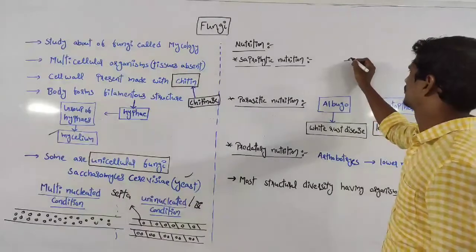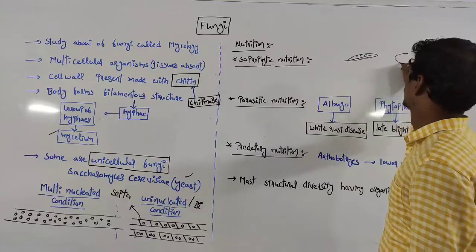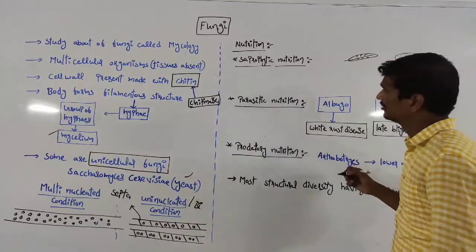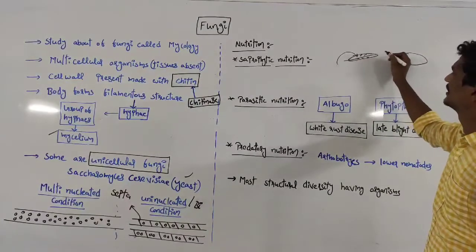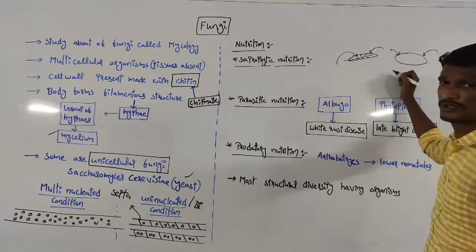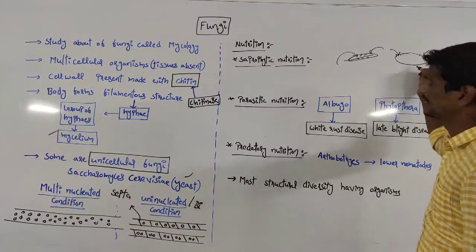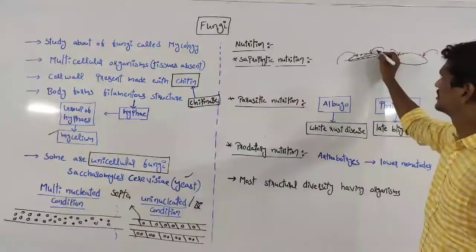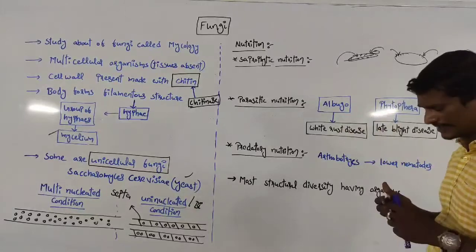Remember, this is a decaying part, maybe a leaf, or any dead organism. These fungi attack the decaying parts and release some enzymes. Once the enzymes are released by the fungi, these parts are completely degraded.